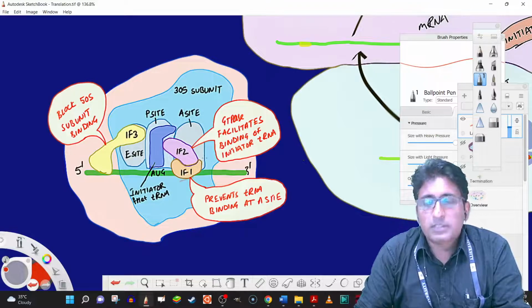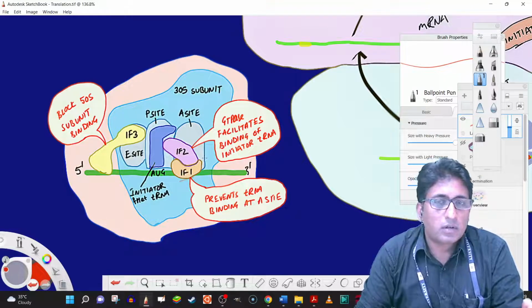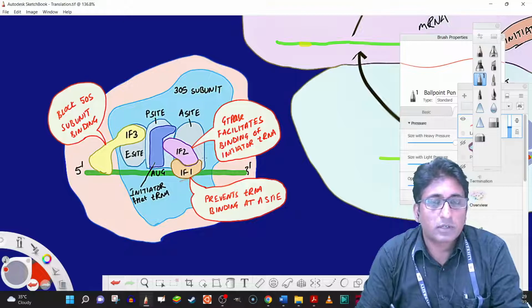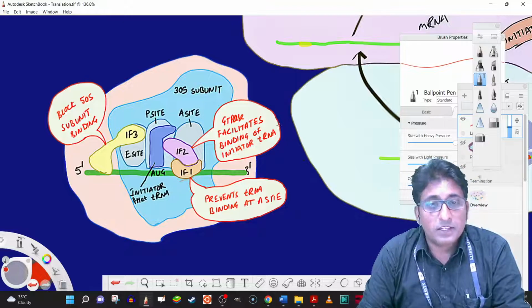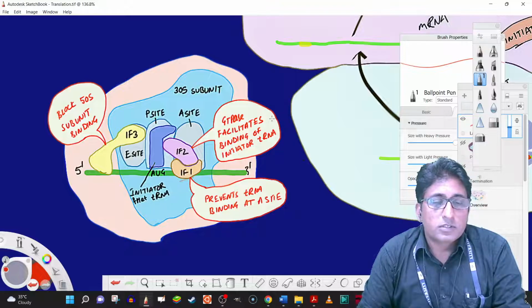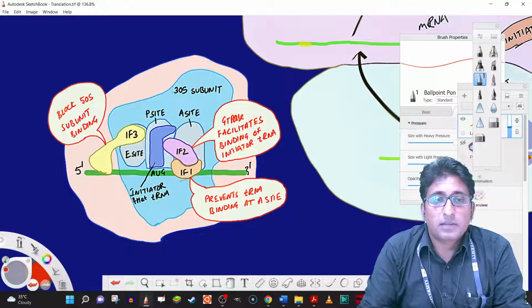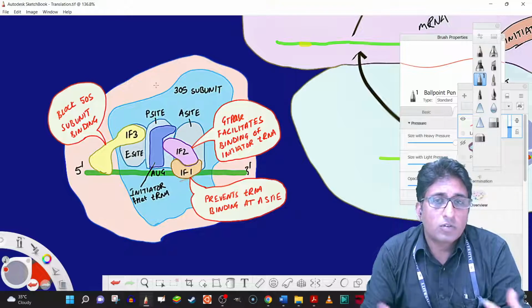What we have discussed here is about prokaryotic initiation factors. With eukaryotes, there are differences. They have their counterparts, with functions similar to those of the prokaryotic initiation factors.